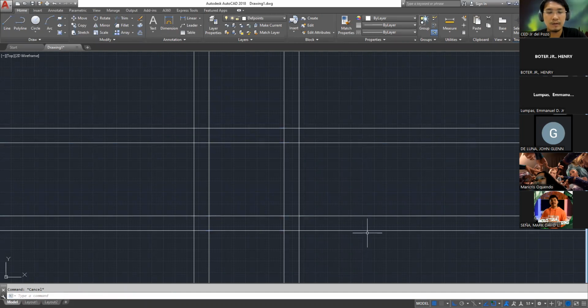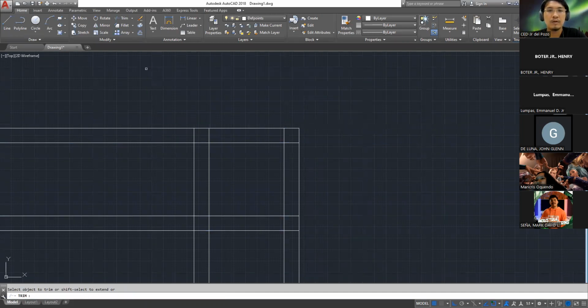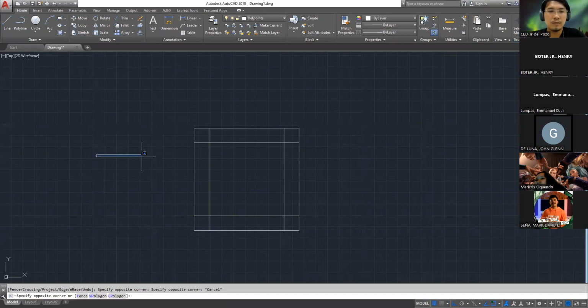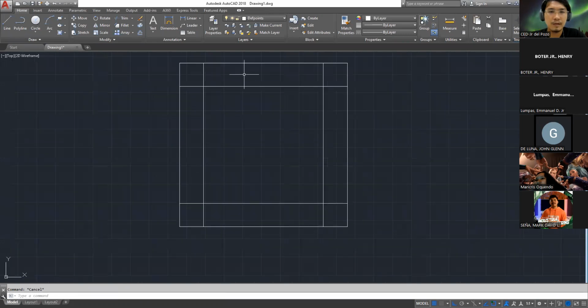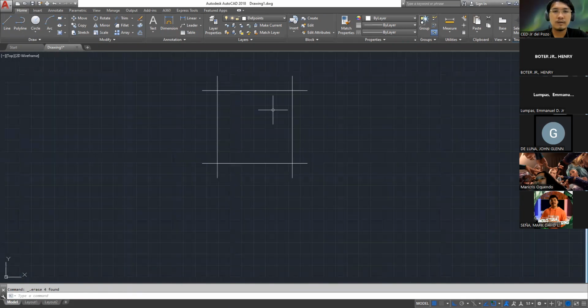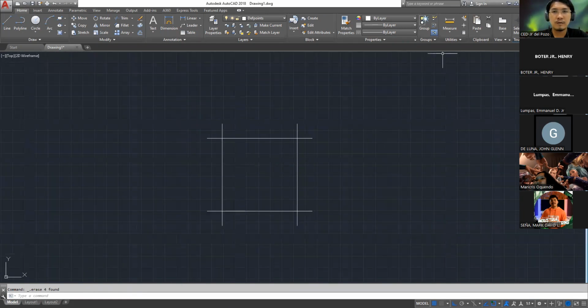Ang purpose niyan is para matrim na natin yung ating floor plan. And then, delete the outer lines. Okay? So once you delete it, pwede na tayong maglagay ng wall.